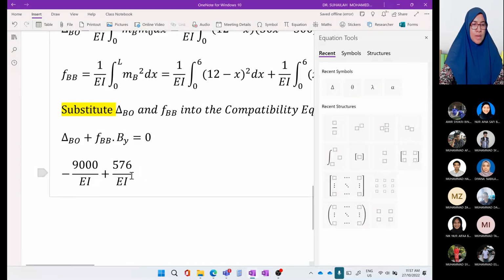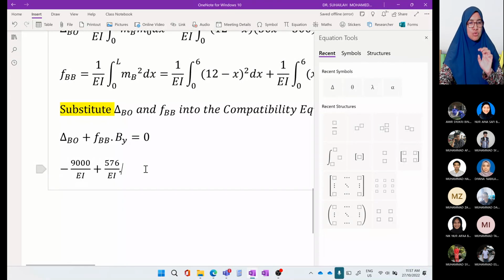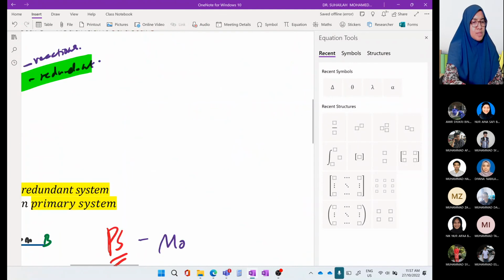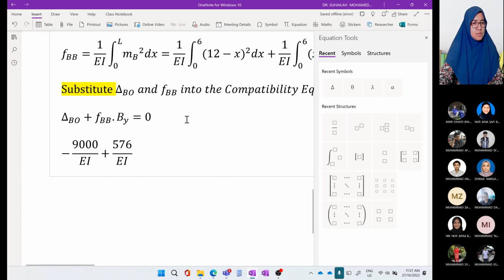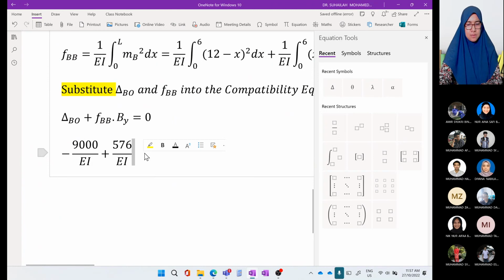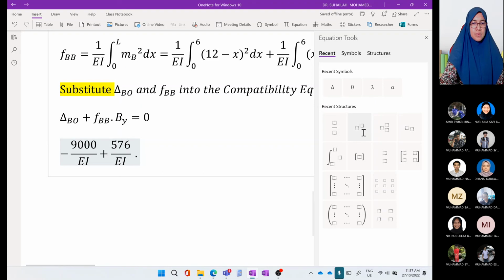We always need to times back with the redundant, so that is why we have this times BY, equal to 0. So this is the compatibility equation.